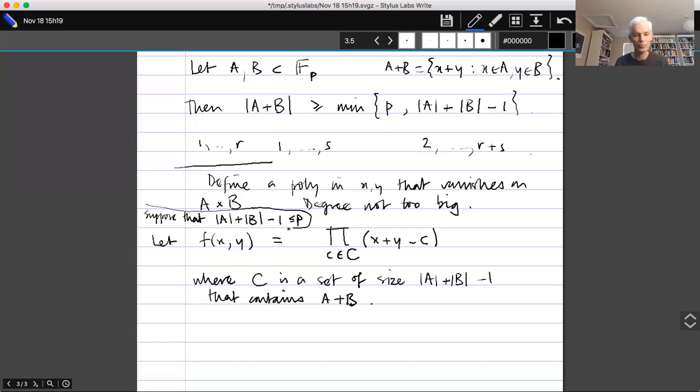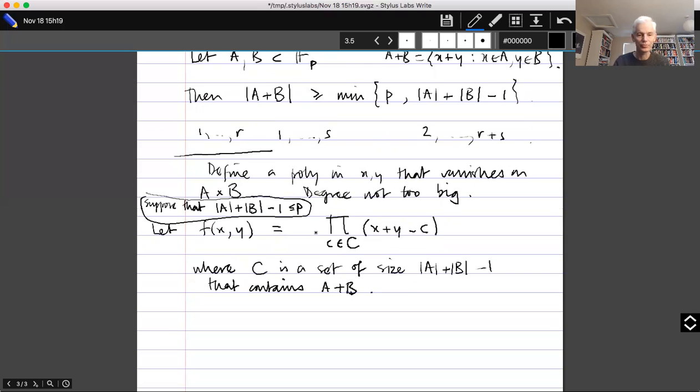And I'll come to the case |A|+|B|-1 greater than p later on. So supposing we can do this, so then actually I think I would rather, I'm going to go for less than or equal to p minus 1, as a matter of fact. I think that's going to be important.